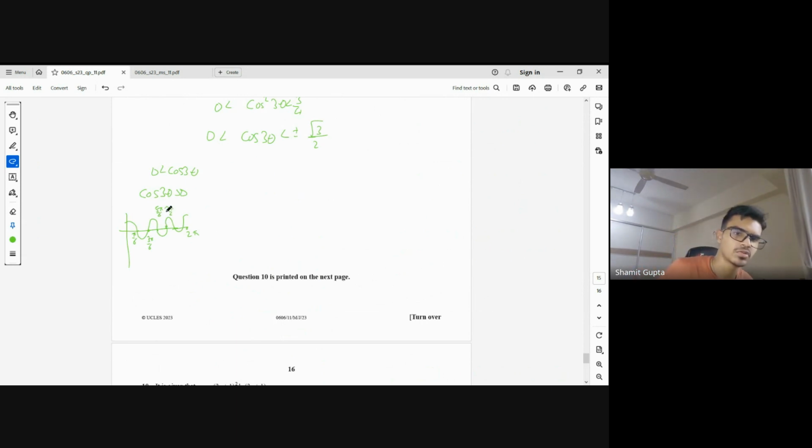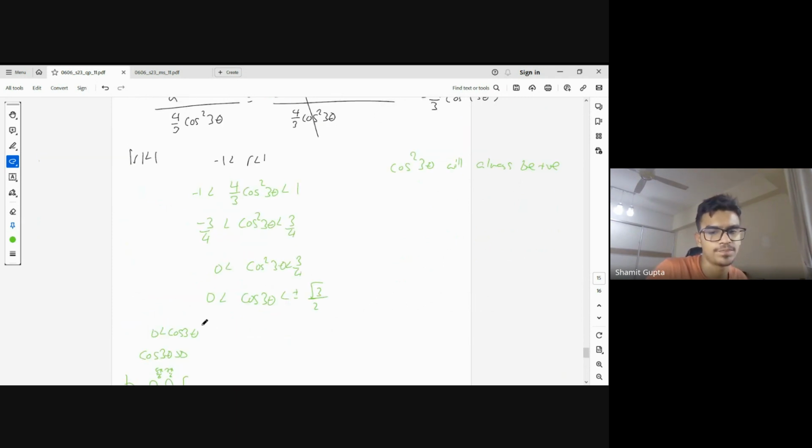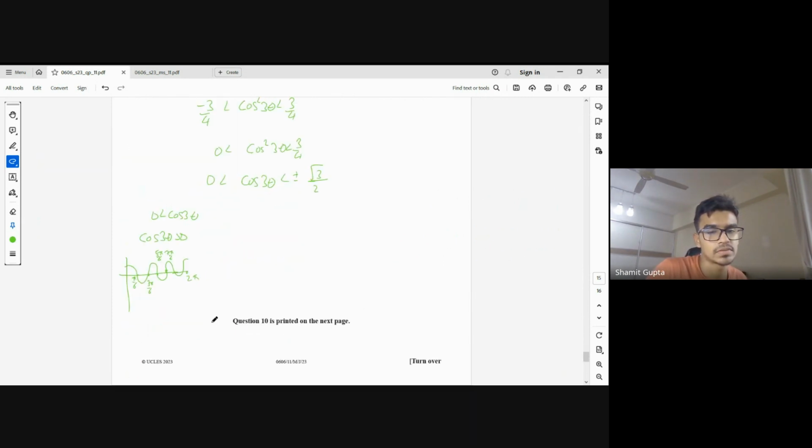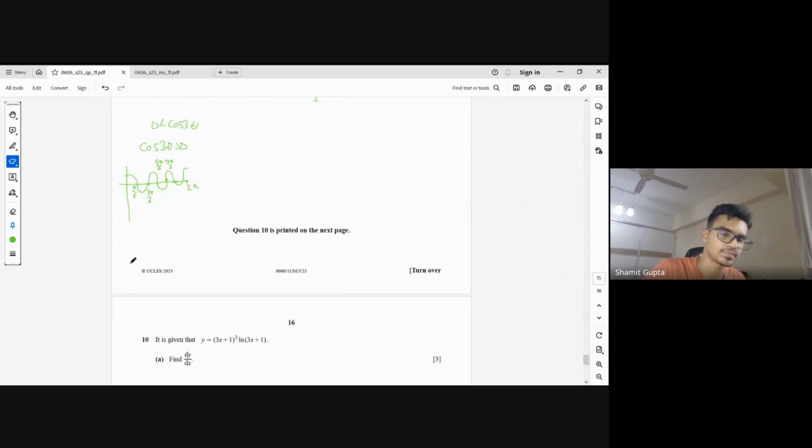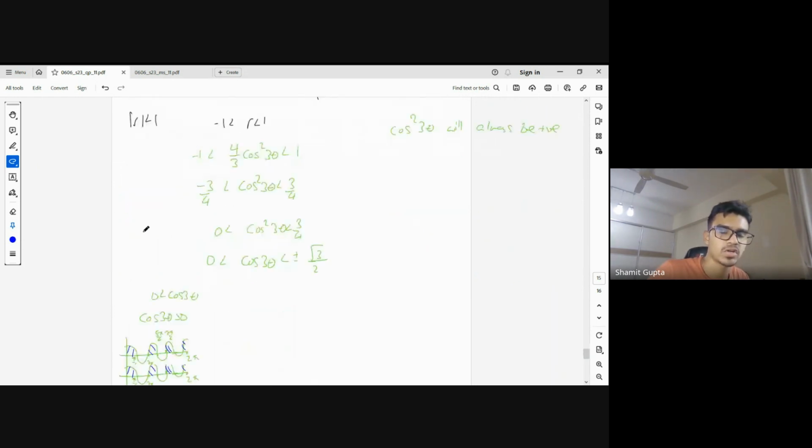Okay. But that's for theta, not 3 theta. So theta is between 0 and pi over 3. So if you want cos 3 theta to be positive, you could take this region, but it should be between 0 and pi over 3.